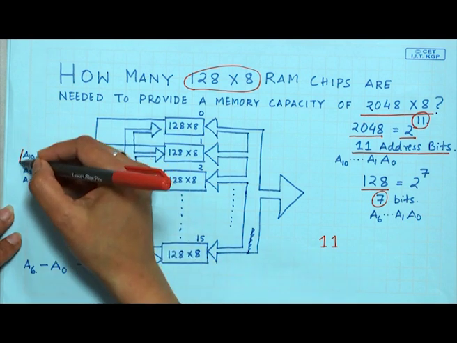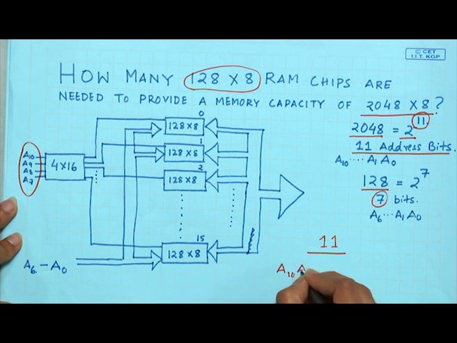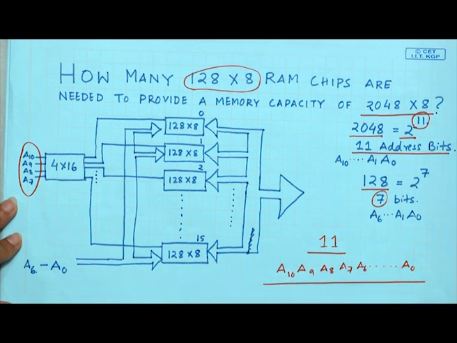The high order 4 bits, that is A10 to A7, are used for this. So, the total address bits will be A10, A9, down to A0. This is the total address of 11 bits.